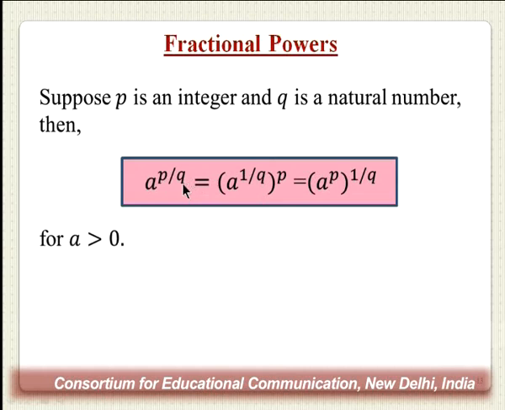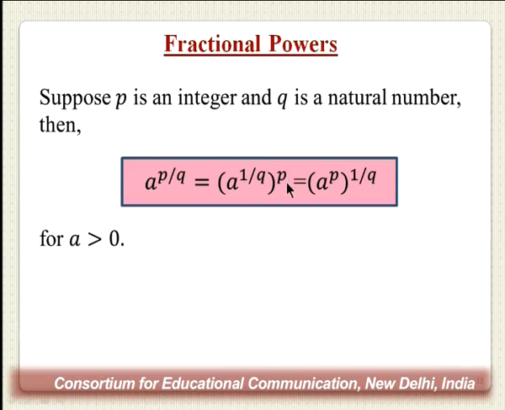So by definition, and we are just going to prove this property, by definition we have a to the power p by q is equal to, now there are two ways in which you can calculate a to the power p by q. One is that you can first take the qth root of a and then raise the result that you get for the qth root of a to the power p.